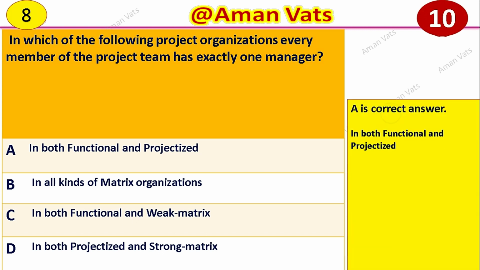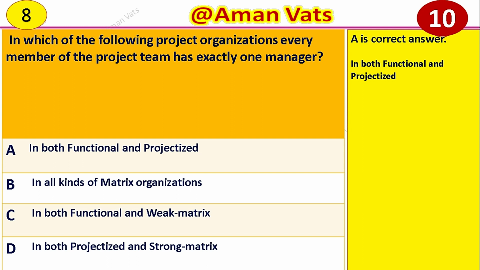Okay, and your answer is A. In both functional and projectized, exactly one manager. Every member will have exactly one manager. In projectized, when he's working on a project, he has one manager. Okay.